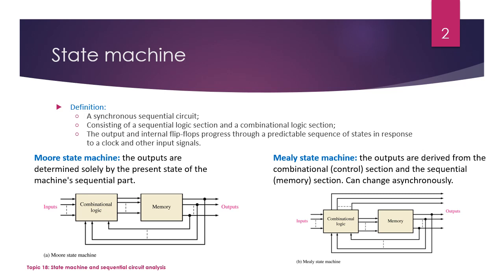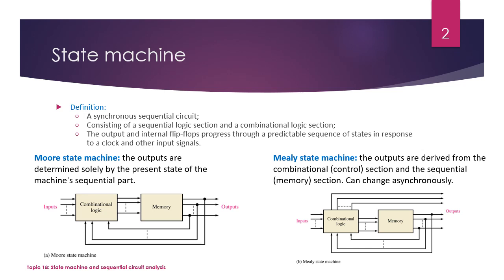And third, the output and the internal flip-flops progress through a predictable sequence of states in response to a clock and other input signals. So in a state machine, the output also has a fixed pattern. It always goes through a sequence of states and goes back to its initial state after it goes through the last state.